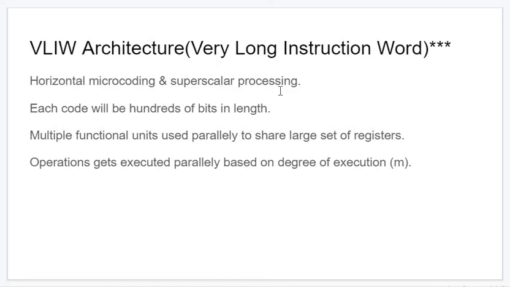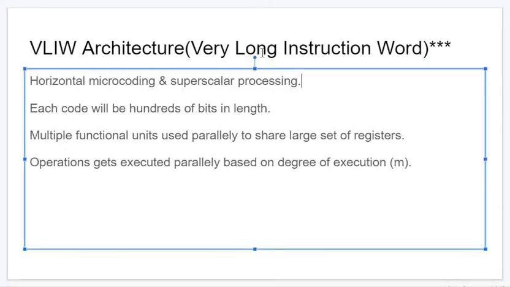You have heard about double long, or you might have heard in your 8086 subject: DB defined in bytes, DW defined in words, DD defined in double words, DQ defined in quad words, DT defined in 10 bytes. Those are all treated as long instruction or long data types. So whenever we are working on those, we definitely need to use VLIW architecture.